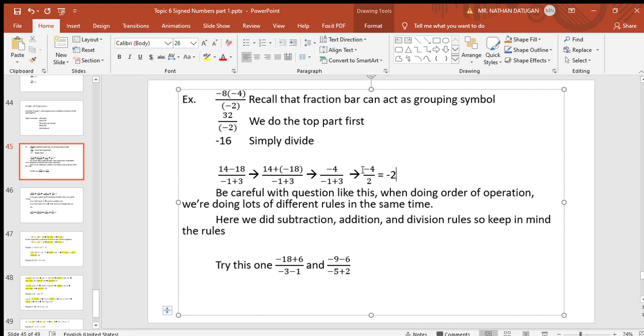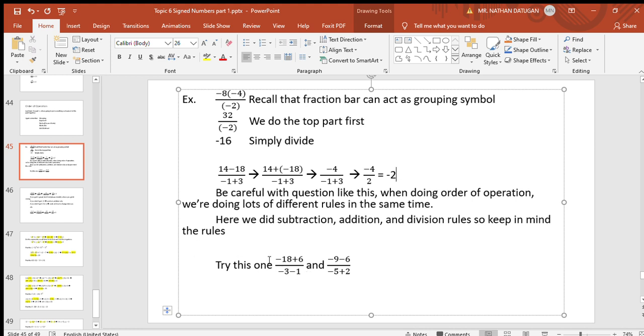So we're juggling multiple rules at the same time. So it's kind of imperative for you guys to remember the rules, especially when we're dealing with order of operations.